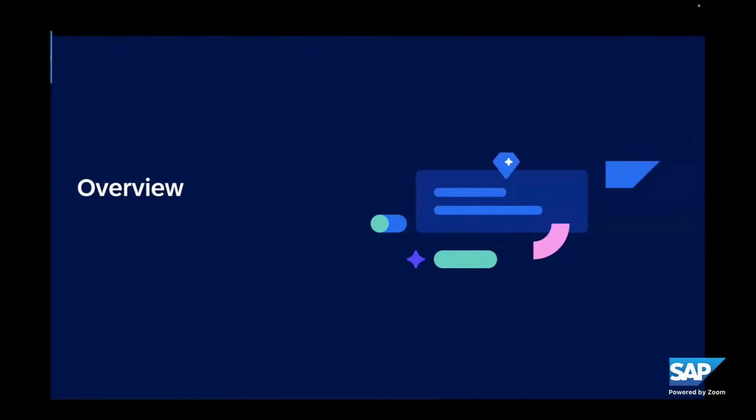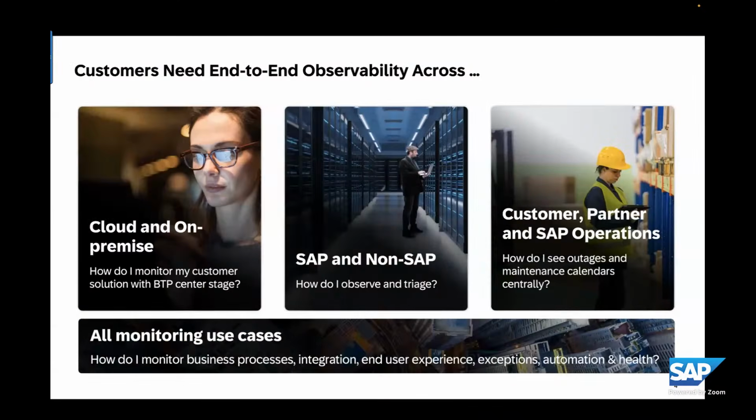With that, we will start with a small overview about SAP Cloud ALM. As you all know, customers need end-to-end observability across, in the meantime, cloud and on-premise landscapes for SAP and non-SAP, and all customers, partners, and SAP operations do need some end-to-end monitoring.